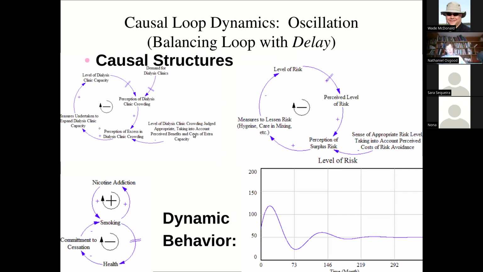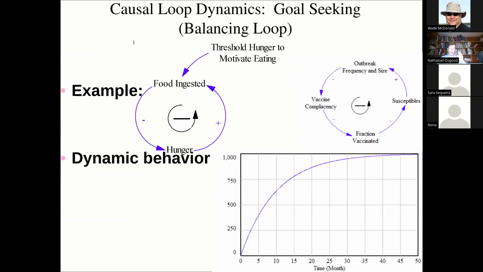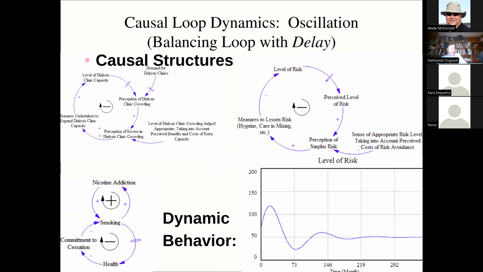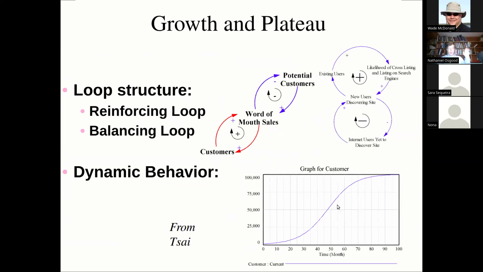Now, the situation is a bit more textured than just these two types, negative and positive. We can sometimes have long delays, which lead to oscillatory behavior. Now, within causal diagramming, it's very rare that our system is characterized by one feedback.